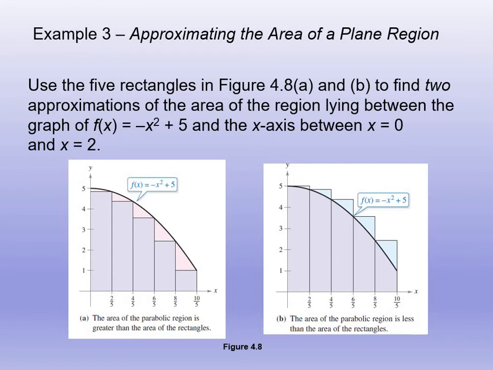We're going to include all of the curve and then have the area above the curve there. We're going to use the left endpoints, and we're going to evaluate 0, 2/5, 4/5, 6/5, and 8/5. Those will be the heights of the rectangles that we're going to evaluate, and that's where they're touching the curve. Remember, we always want to evaluate where the rectangles are touching the curve.